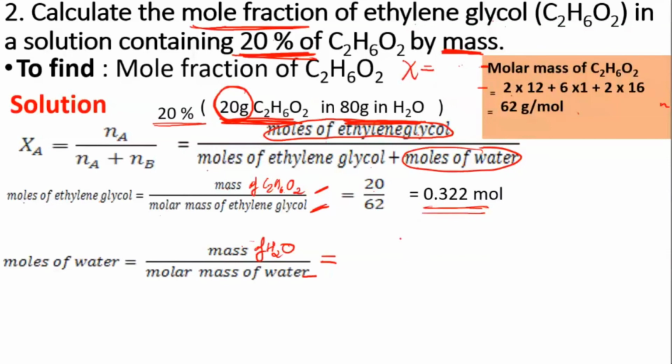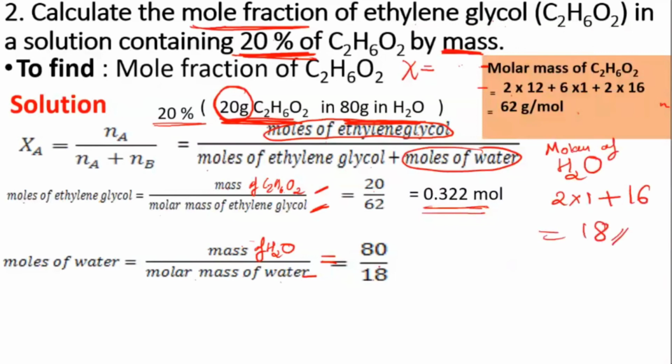So the mass of water is 80, divided by the molar mass of water, which is 18. How is it 18? H2O: 2 into 1 plus 16, so that is 18. So you got 80 by 18, that comes out as 4.44 mole.